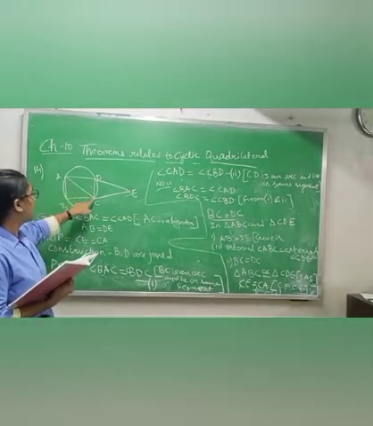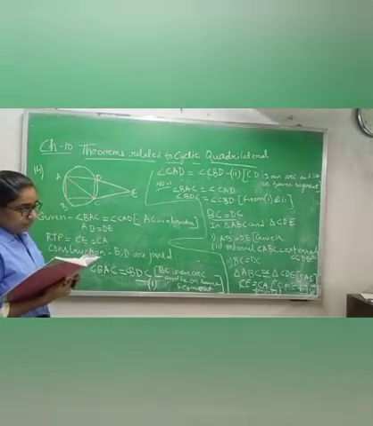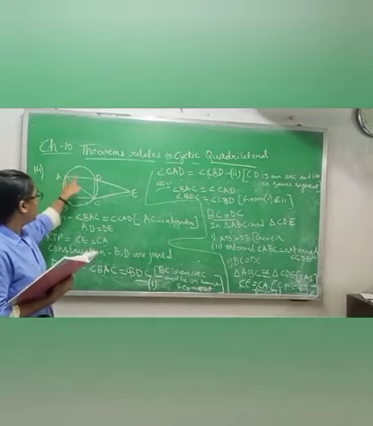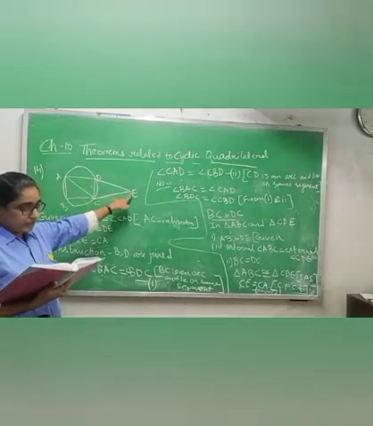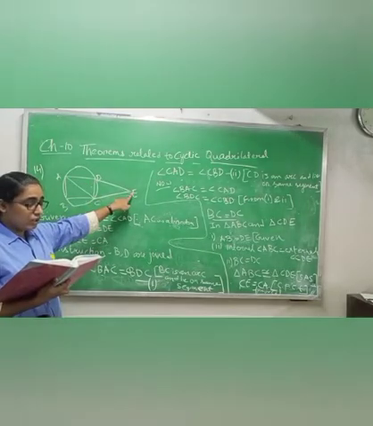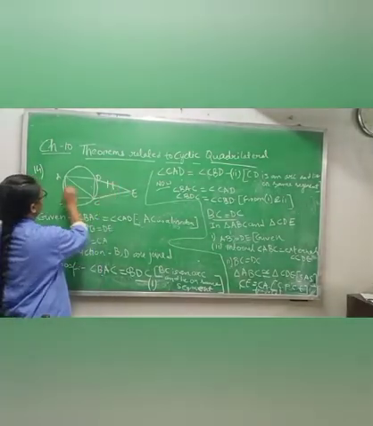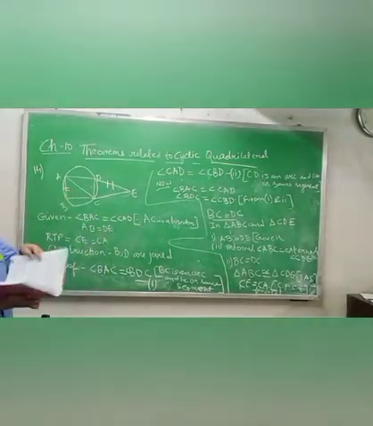So of course AC is bisecting angle BAD. Now AD is extended up to the point E in such a way that DE is equal to AB.